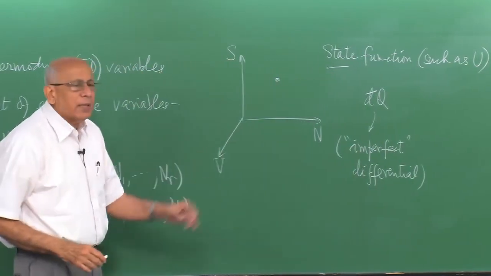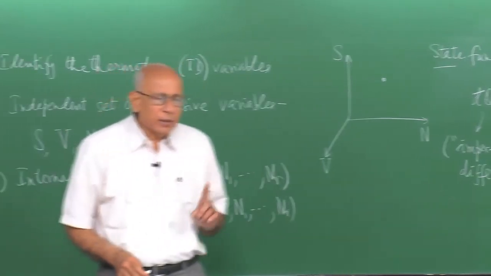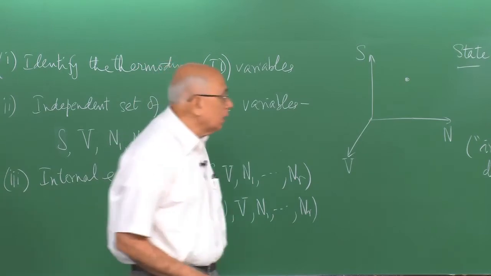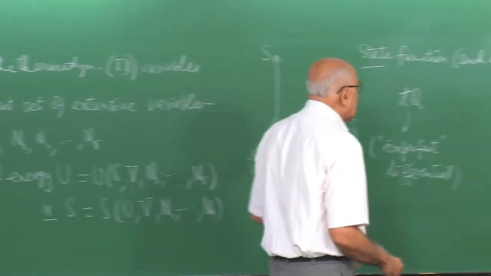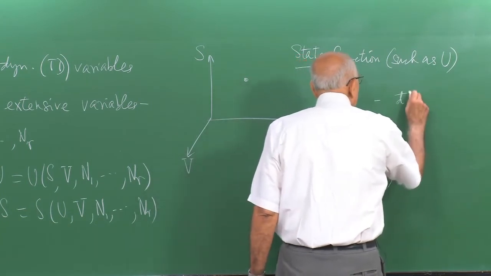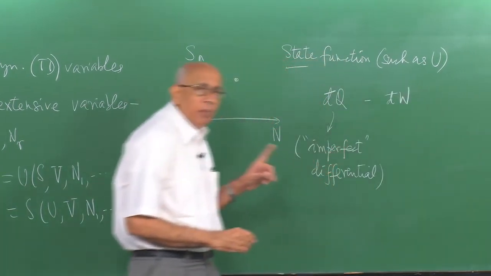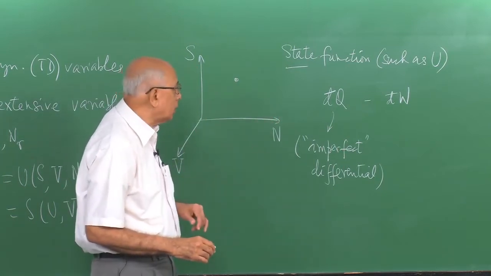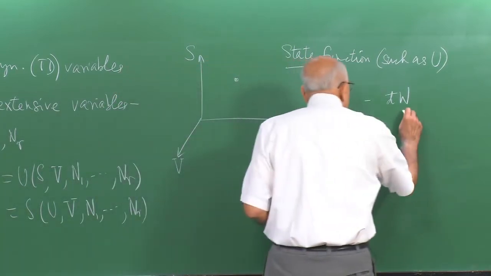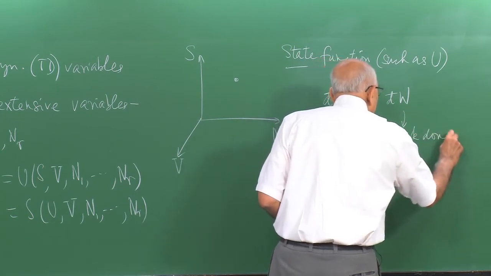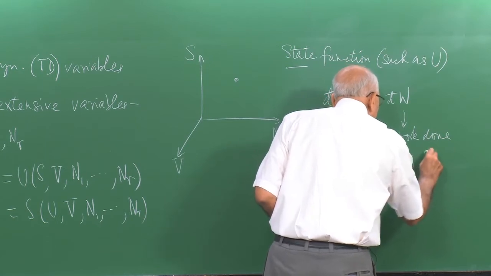But for the moment it is an infinitesimal quantity of heat supplied to the system, and suppose the system does some work for you, and let us suppose the amount of work it does is dW, then dQ minus dW, that too is an imperfect differential in a certain technical sense, which again I will explain very, very shortly. This is work done by the system.